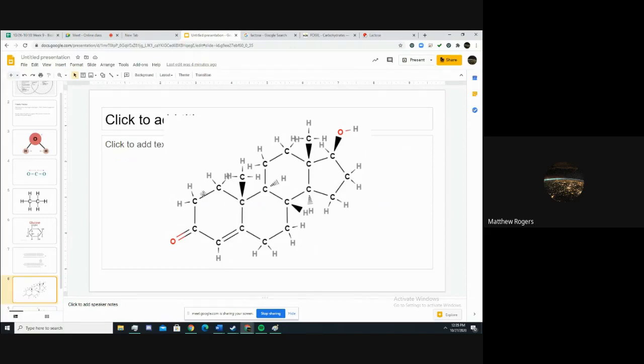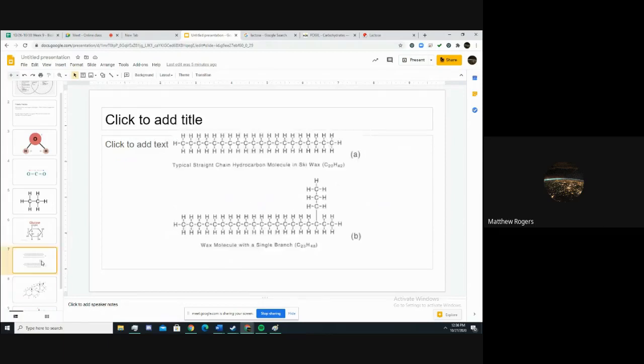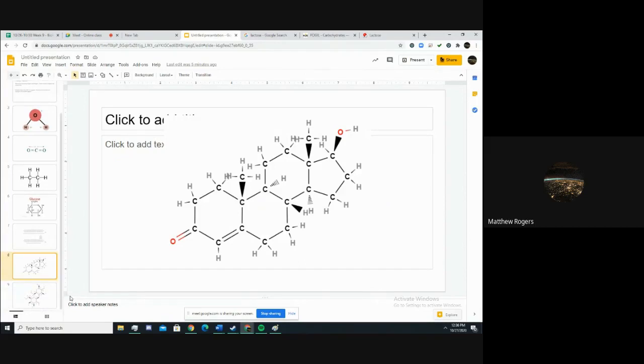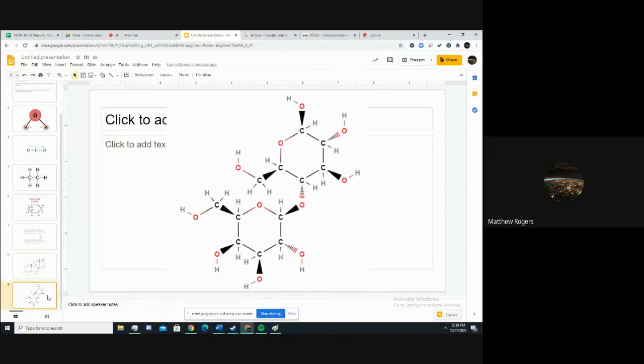What I mean by rings is you can see there's a carbon ring here, a carbon ring here, a carbon ring here, and a carbon ring here. There's always 4 in steroids, and steroids are lipids. They are fats. And so this is a non-polar molecule. Just like these waxes, these are both lipids too. These guys hate water, or water hates them, however you want to look at it. All right, last one.